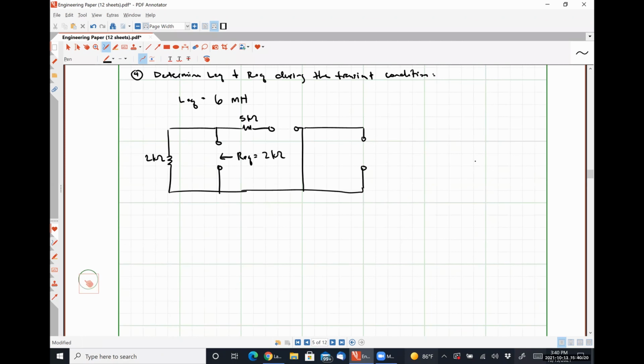Step number 5, apply our generic equation.